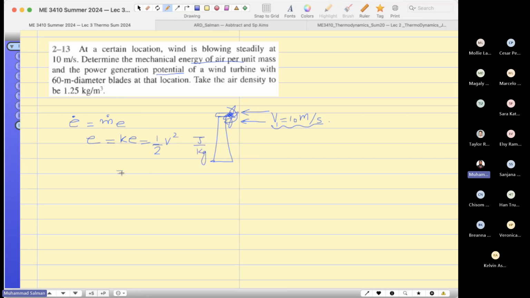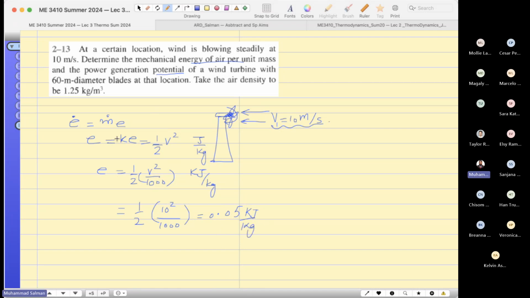If you divide by 1000, this will be in kilojoules per kilogram. So make sure you follow this conversion, otherwise you will not have consistency in the units and will have difficulty getting the correct answer. So v squared, can I write 10 squared divided by 1000? If you do the math, you will get 0.05 kilojoules per kilogram.